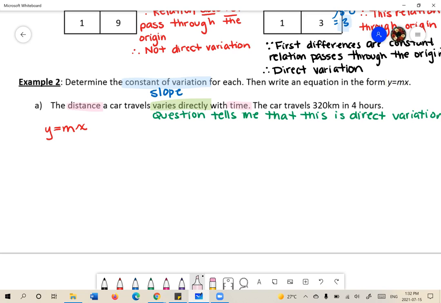Now remember from previous lesson that your time is always your independent variable. How far you travel depends on how long you were traveling for. So your time is always your independent. So if time is your independent variable, your dependent variable is distance.